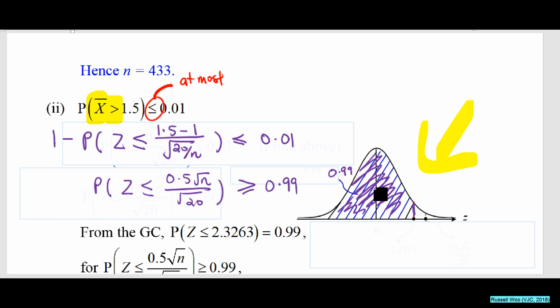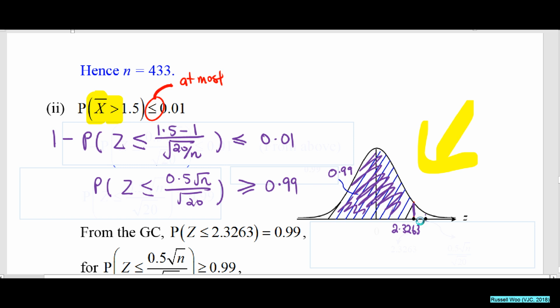From GC, you inverse norm 0.99, you will get 2.3263, which in part 1 you already found. That means probability z smaller than or equal to 2.3263 is actually 0.99. But you want to solve greater than. But never mind, let's write this down first. Represent it on the bell curve first. This value is 2.3263.